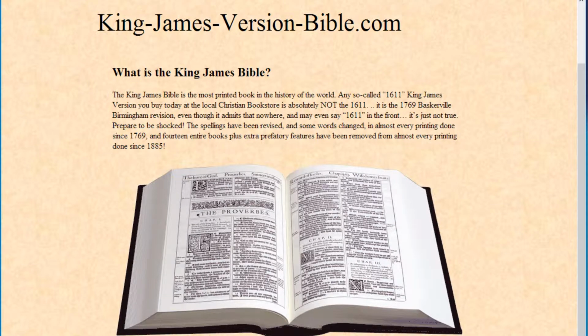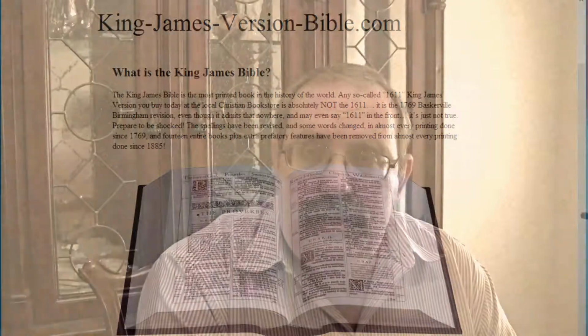The 1769 Baskerville edition has the current spellings and current sentence structure and the current choice of wording that we use now. It's worth noting, if you look at the foreword of the King James Bible, that the original translators realized it was going to have to be modified as new information came out. New texts were discovered, and people would be doing comparisons and figuring out what exactly was right and what exactly was wrong. But for those who are hung on the King James, that does not matter.